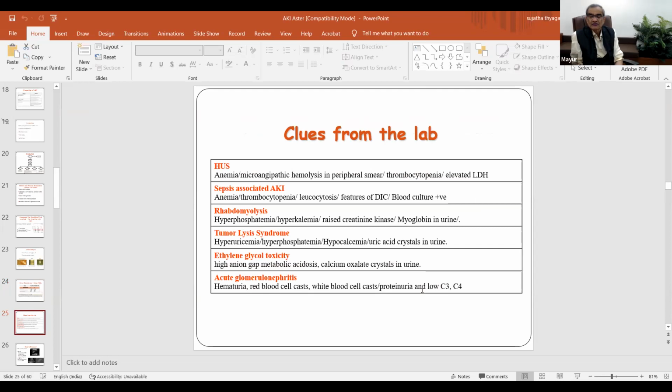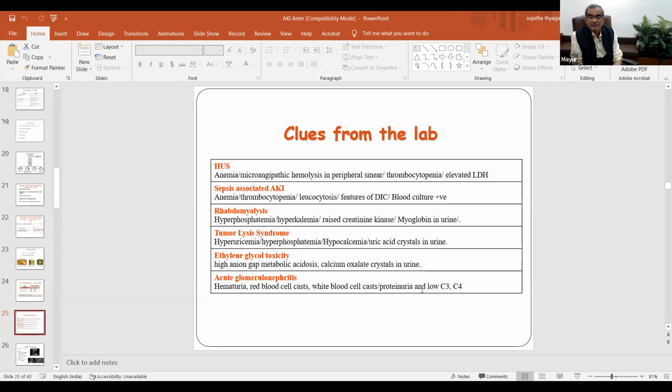Some of the clues from the lab: hemolytic uremic syndrome, if there's anemia, which is microangiopathic hemolytic, where the peripheral smear is diagnostic, and there are other evidences of hemolysis. Sepsis-associated AKI, there may be anemia, leukocytosis, thrombocytopenia, features of DIC, and cultures you will have to keep looking for.